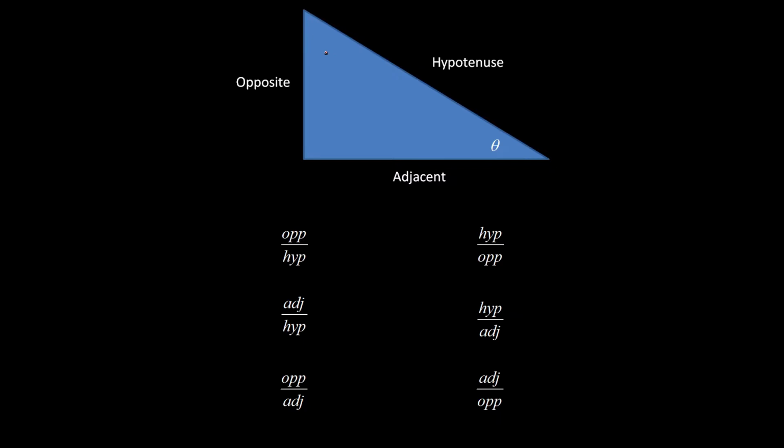Now, why would we do this? Well, it was discovered probably at least 2,000 years ago that these ratios, all 6 of these ratios, are the same for all right triangles if the angle is the same. So what do I mean by that?